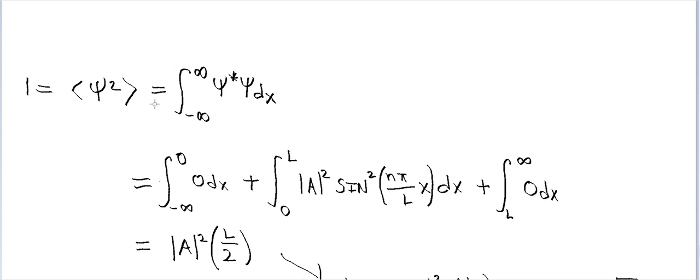And so we can plug that in, right? From minus infinity to infinity of psi star psi dx. Well, I'm going to break this into 3 regions, from minus infinity to 0, where psi is 0, and so psi star psi. So psi star is the complex conjugate.